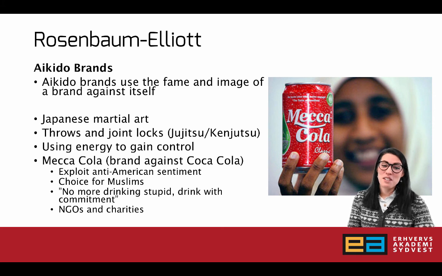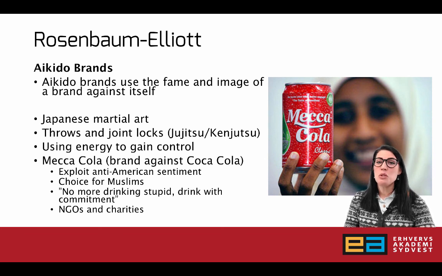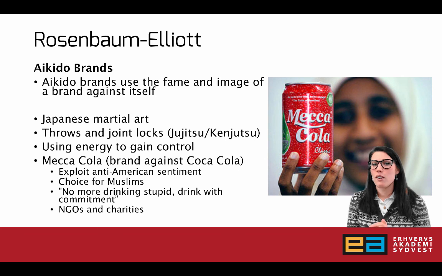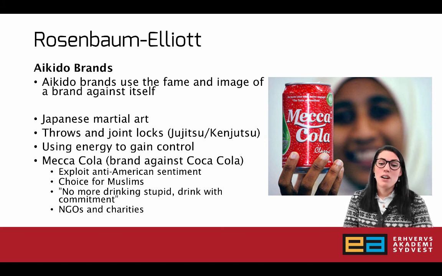Then we have these Aikido brands. Aikido brands is where you take a brand that is very well known and then you copy paste it into a similar brand, but it's not really the same thing. For instance, we have the Mecca-Cola, a very good example.